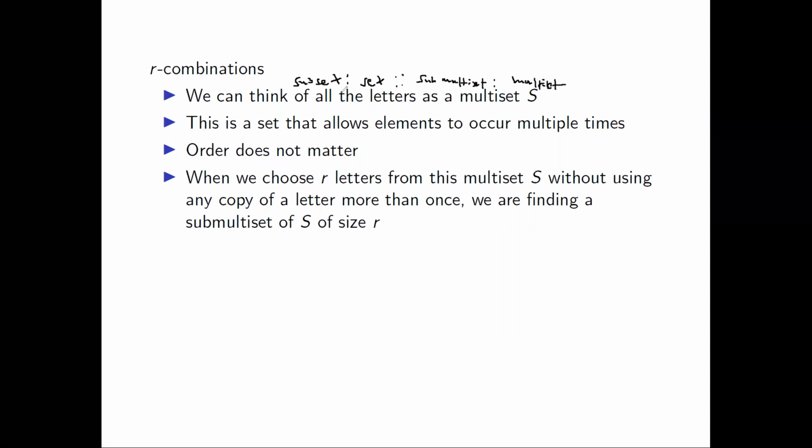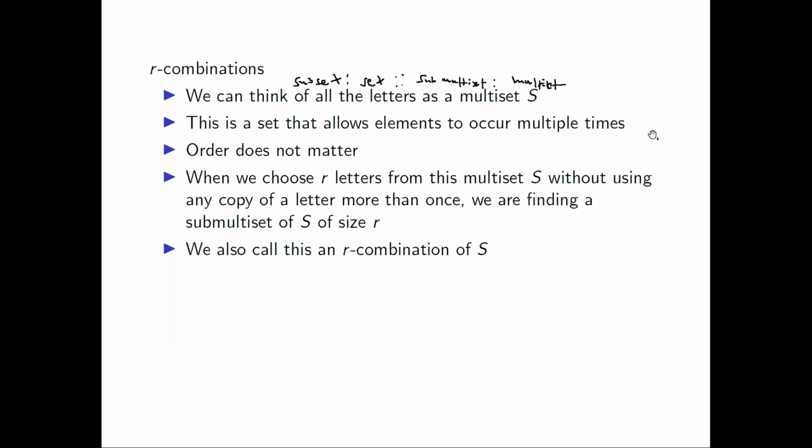So the key is that all the elements in the subset are contained in the set, and all of the elements in the sub-multiset are contained in the multiset. The set is not allowed to have repeated elements, but the multiset is allowed to have repeated elements. And for both of them, the set and the multiset, order does not matter. And that goes the same for the subset and the sub-multiset.